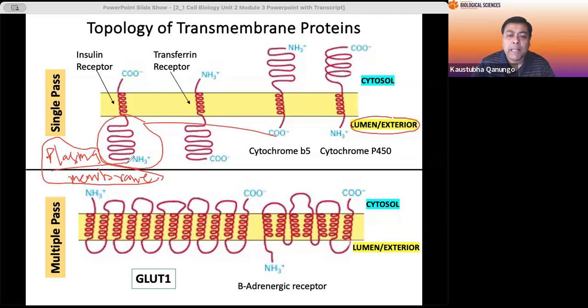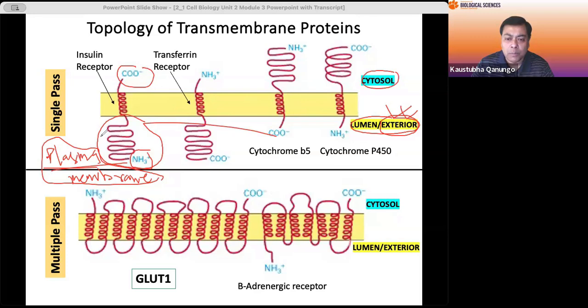If this becomes a plasma membrane protein, where will the N-terminal be? The N-terminal will be on the exterior, because the N-terminal in the ER is on the luminal side. That is equivalent to the exterior. So if this protein becomes a plasma membrane protein, it will be on the exterior side. The C-terminal is on the cytosol, so it will be on the cytosol as well.